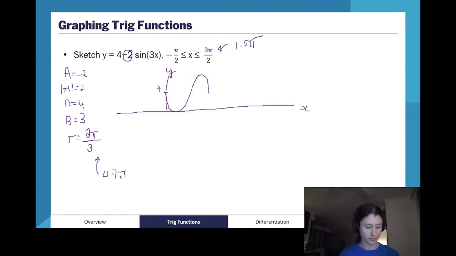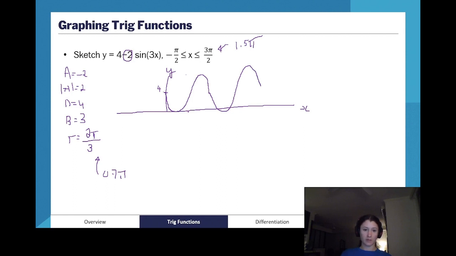Let's check that. Yeah. So we don't actually need to draw the full, we need to draw a little bit more than a full period, because our period lasts only 0.7 pi, whereas we need to draw up to 1.5 pi. So what I'm going to do is draw approximately 2 periods.